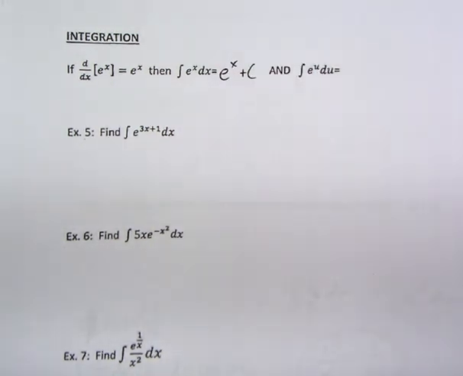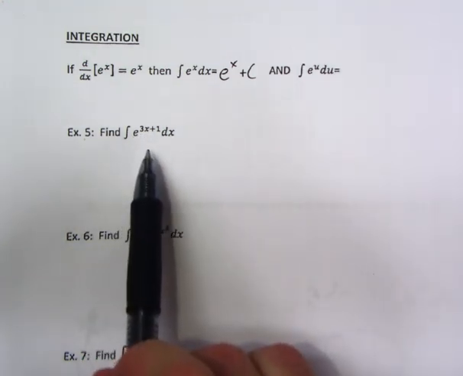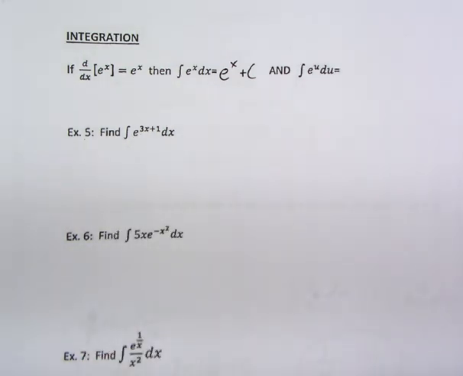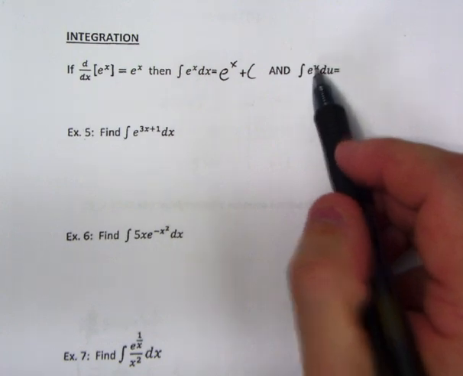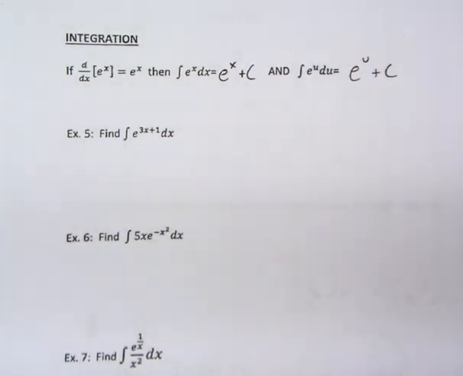There will be some u substitution, because if you look at the examples, obviously it's not just e to the x. I mean, it could be, but most likely it won't be. It's going to be e to some power, which means there's going to be u substitution involved. So if we integrate e to the u, we get e to the u plus c. So if you're integrating e, you're going to choose the exponent to be your u, okay?